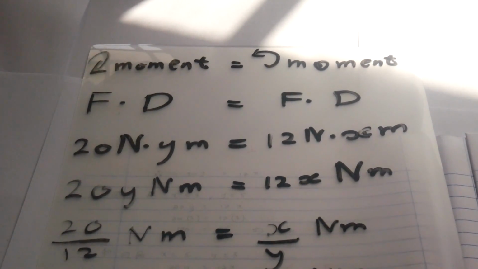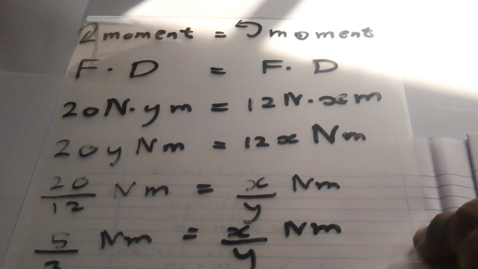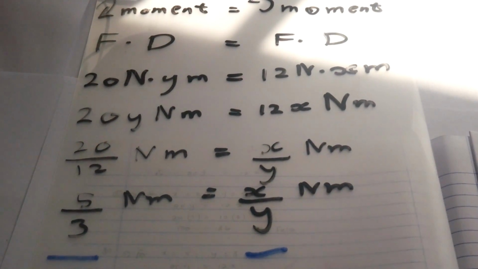What you could do is do a ratio, divide both sides by 12 and both sides by y, and you see 5 divided by 3 newton meters is equal to x over y newton meters. Therefore, the x to y ratio must be 5 to 3, and that was the B part of the question.